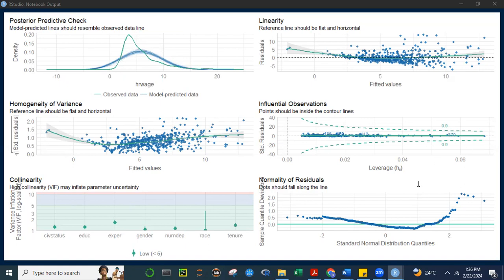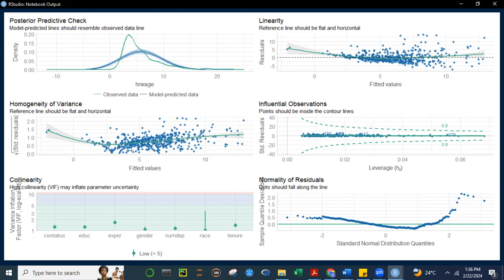If you recall, class, what's the meaning of influential observations? It means that these points could highly affect the parameters, the regression output, kung outside sila.